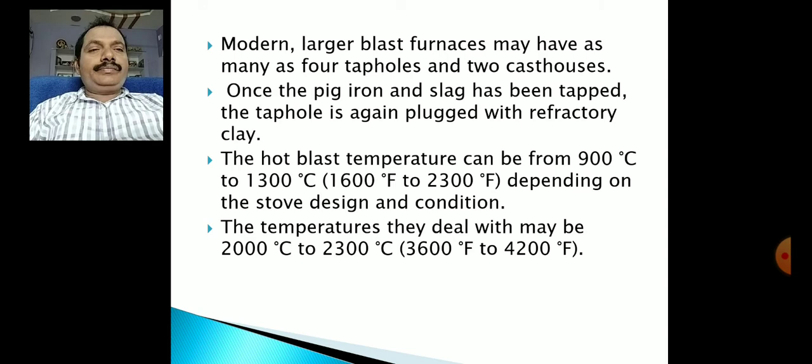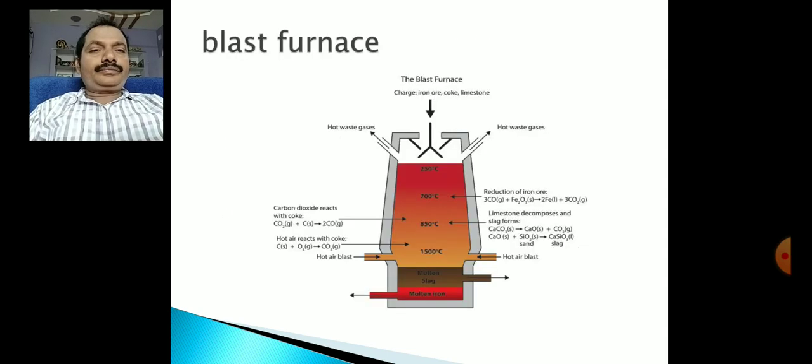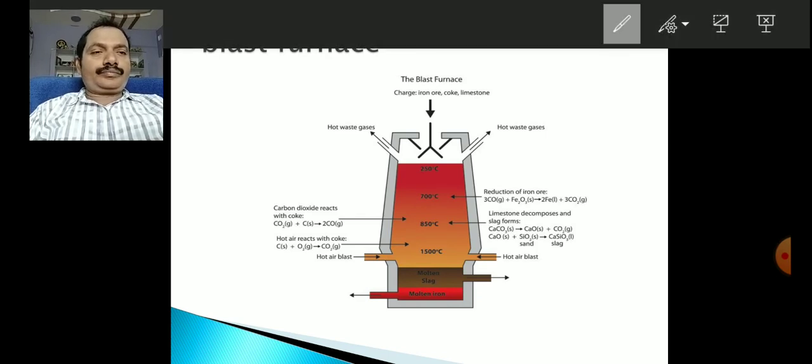That means once the slag is tapped and molten pig iron is tapped, then with refractory clay, once again it is closed.